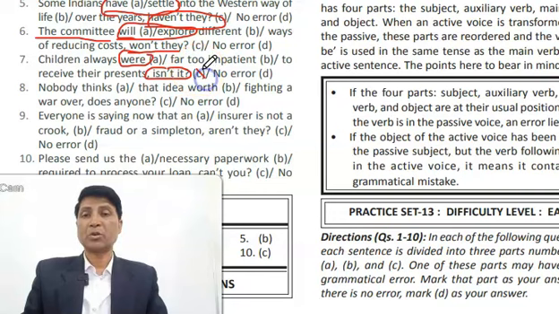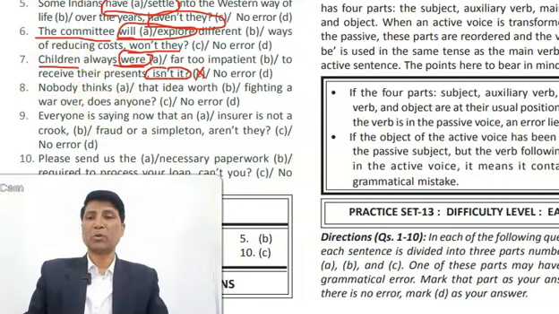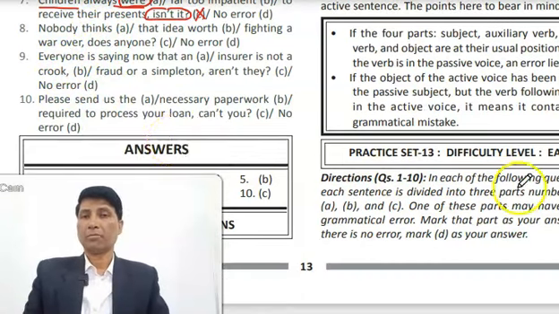So the tag part is wrong. Now the question is, what should we write? So in place of isn't it, it should be weren't they, because were is in the simple past and children is its subject, which is plural. Now let us move on to question number 8.